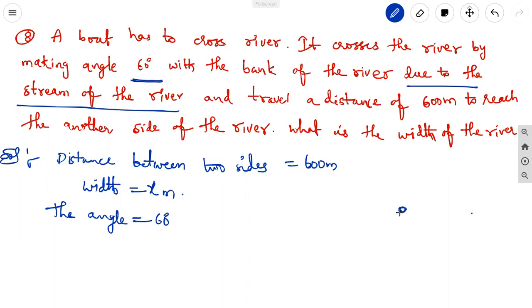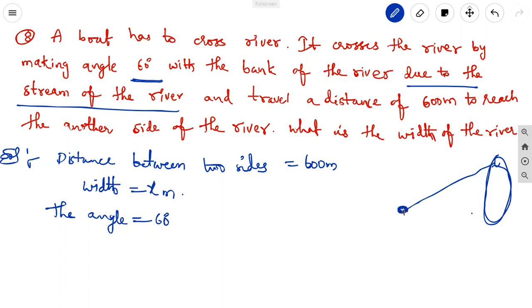First, the boat is here and this is one end of the river. We can travel through the stream. This is the other end of the river and it has some distance. It is also some width and distance.